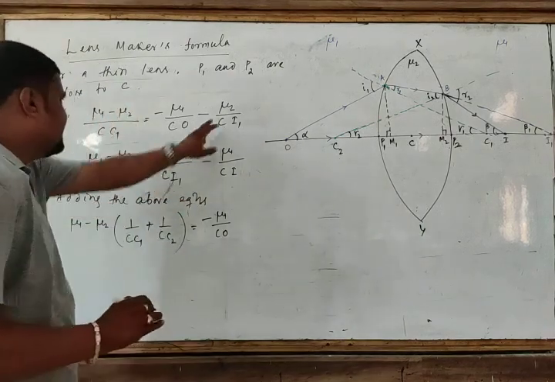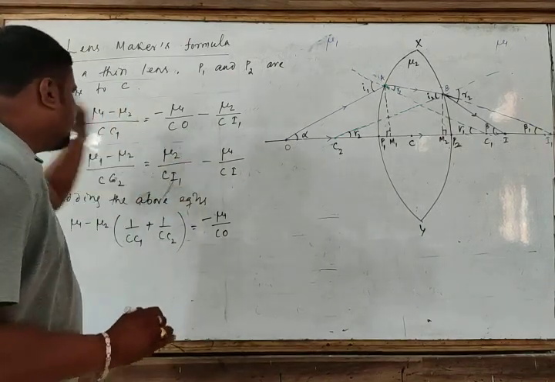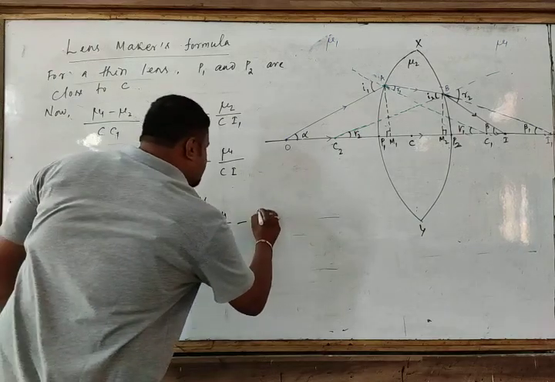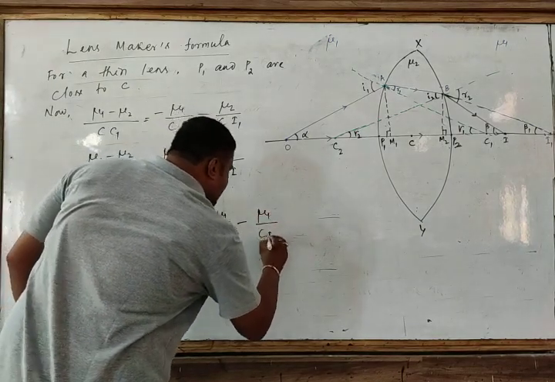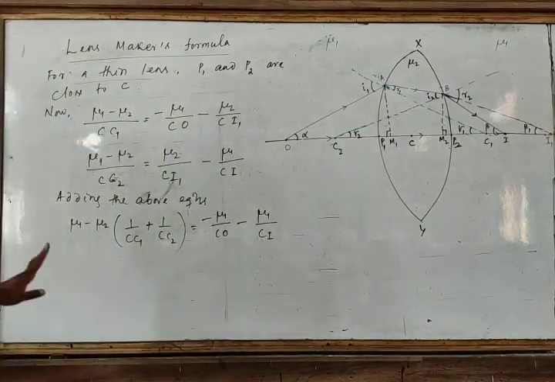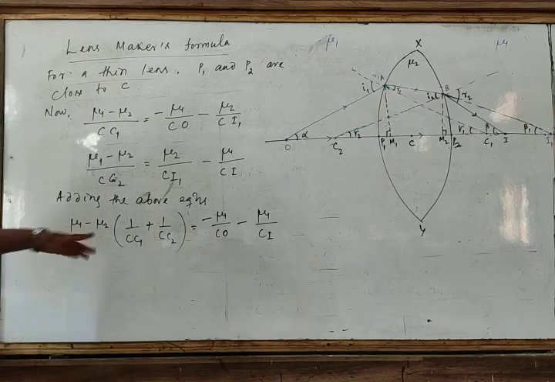So they will cancel; if you add these two, plus and minus cancel. The rest is minus mu1 by CI. Clear? After that, use the sign convention.